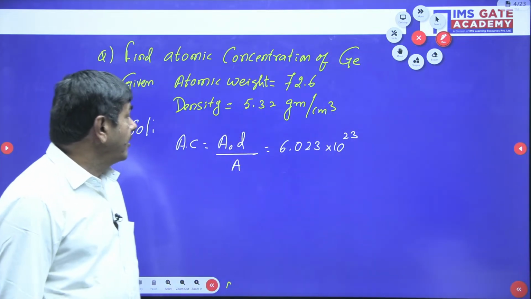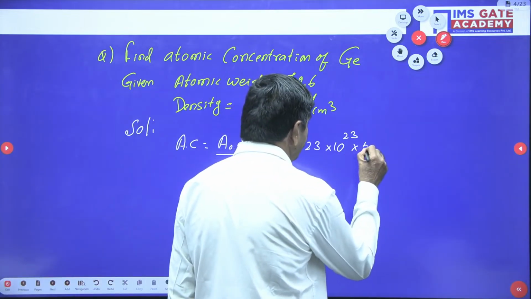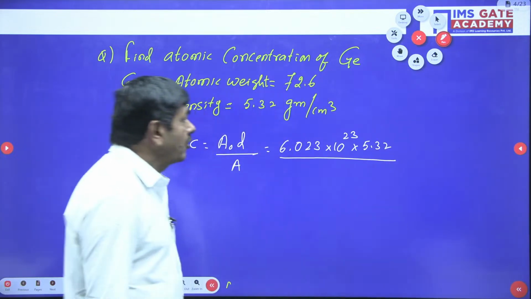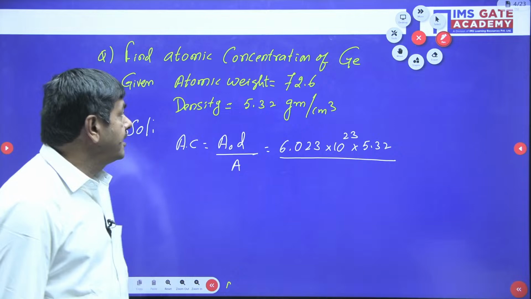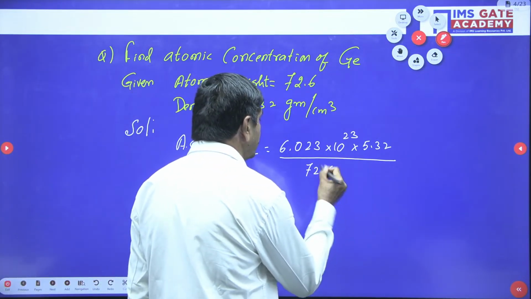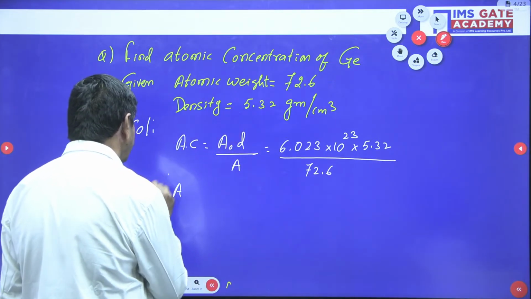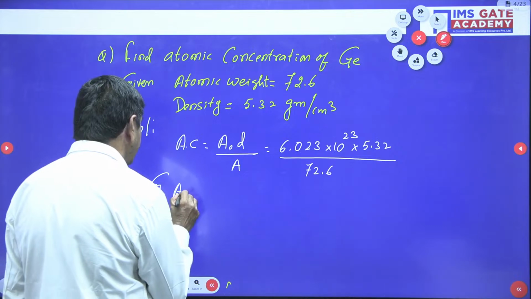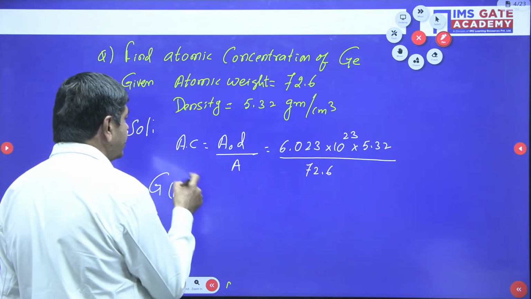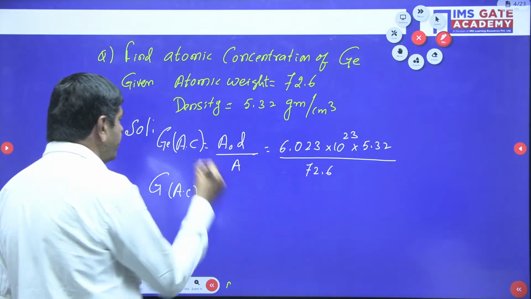And density is 5.32, divided by atomic weight, which is given as 72.6. Use a calculator and you will get the atomic concentration of germanium. For germanium, I am finding the atomic concentration.